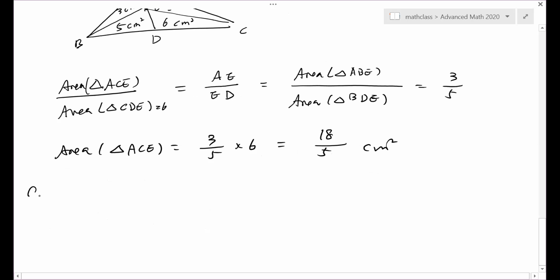All right. Our next problem: we consider a parallelogram.